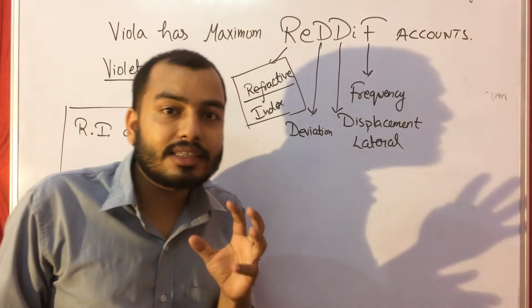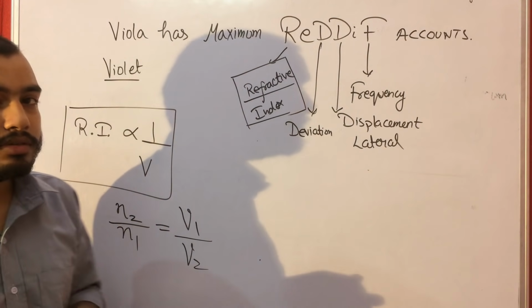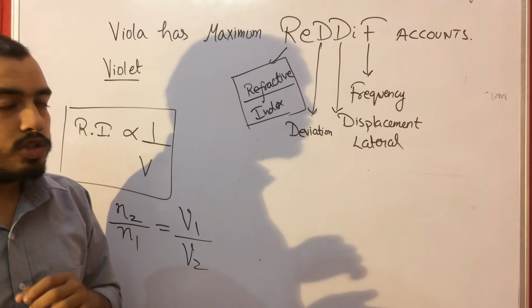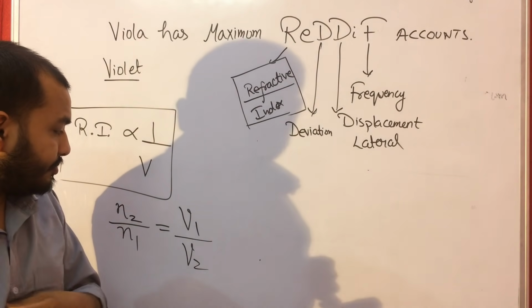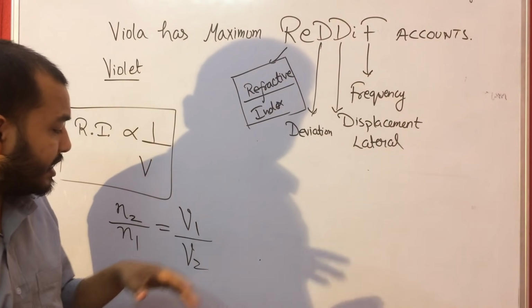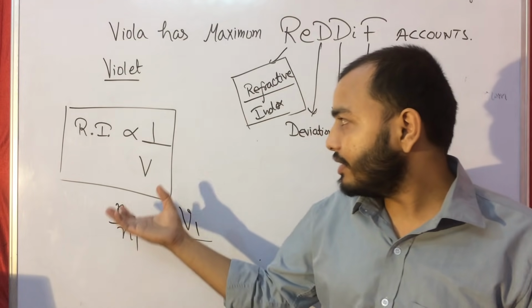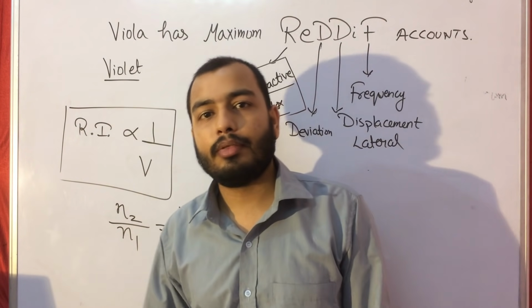So this refractive index depends upon speed and it is inversely proportional. So if someone has less speed or great speed, it will have different refractive index. Refractive index depends upon speed.